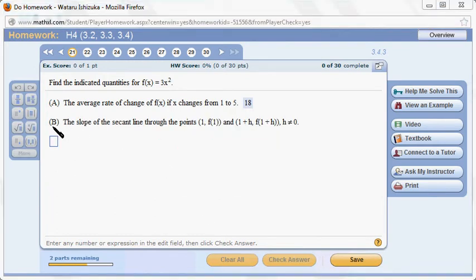All right, so part B, we want to find the slope of the secant line through the point 1 comma f of 1 and 1 plus h comma f of 1 plus h. All right, so let's do that.